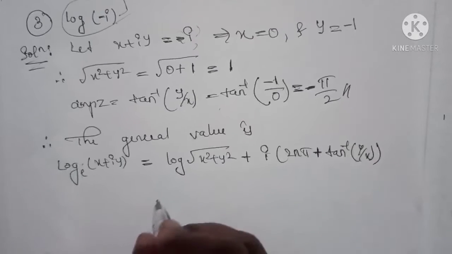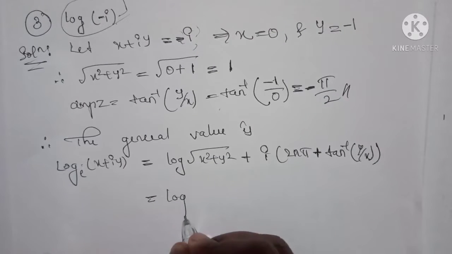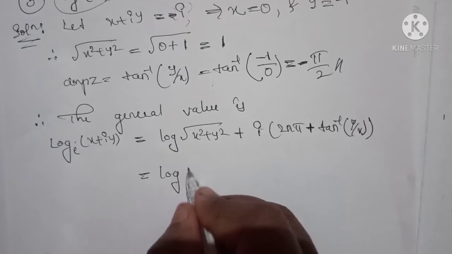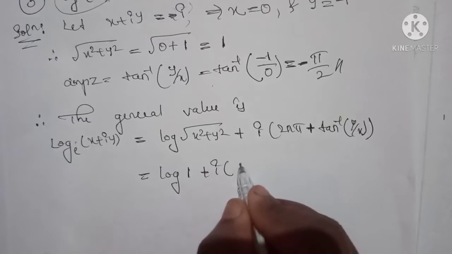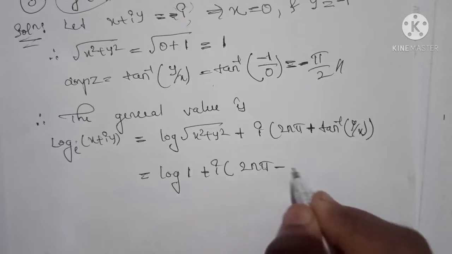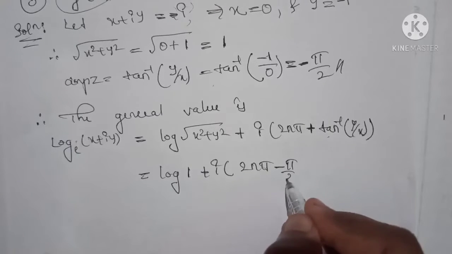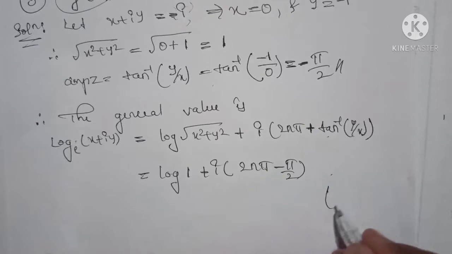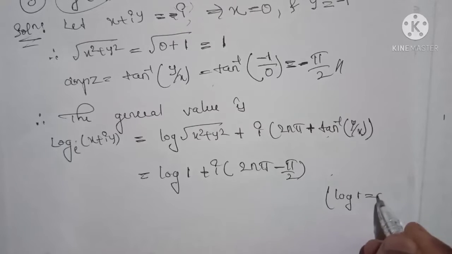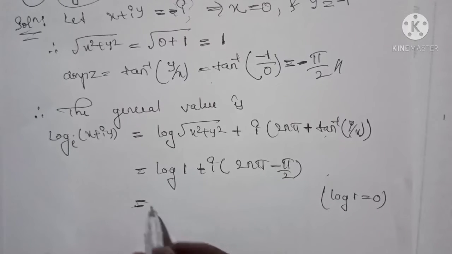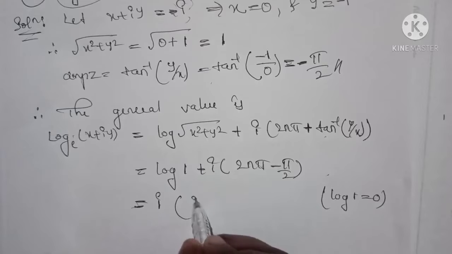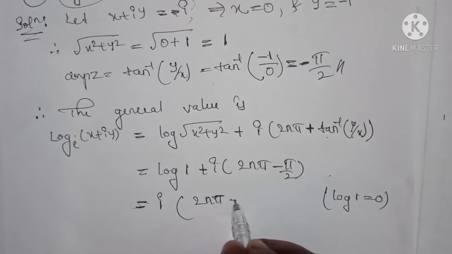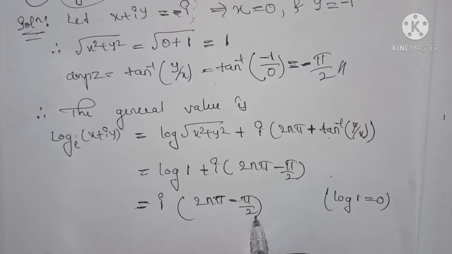Substituting the square root of x square plus y square, which equals 1, we get i times 2n pi minus pi by 2. We know that log of 1 equals 0, thus it is simply i into 2n pi minus pi by 2.